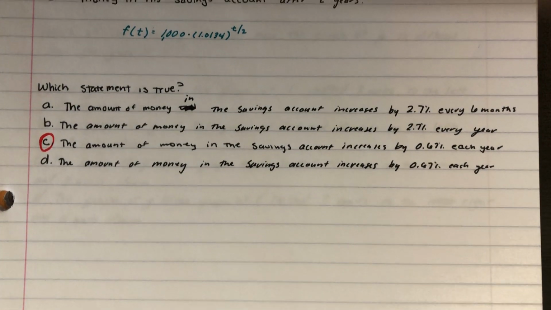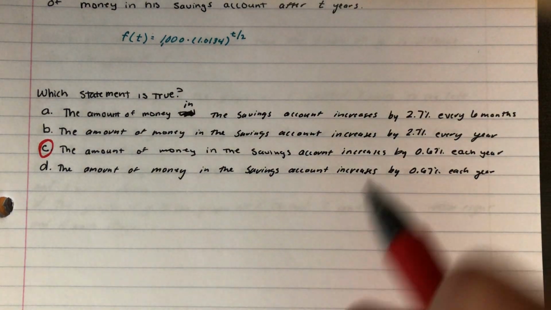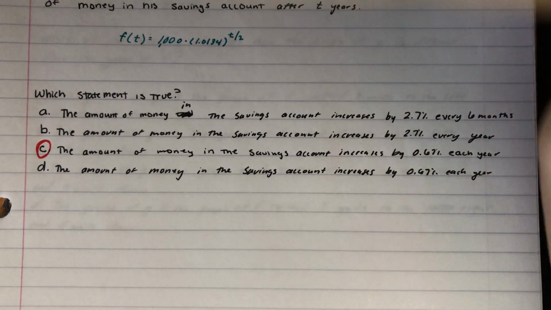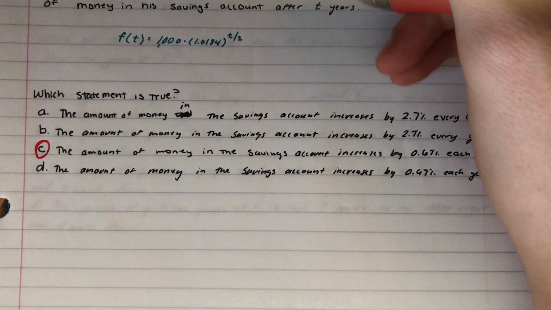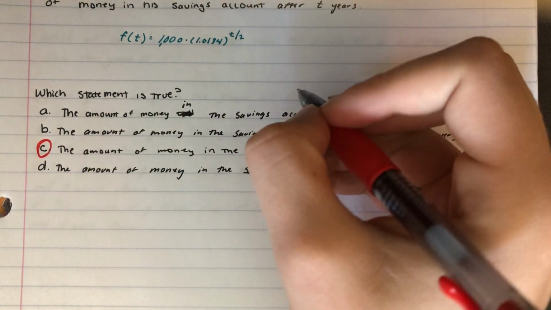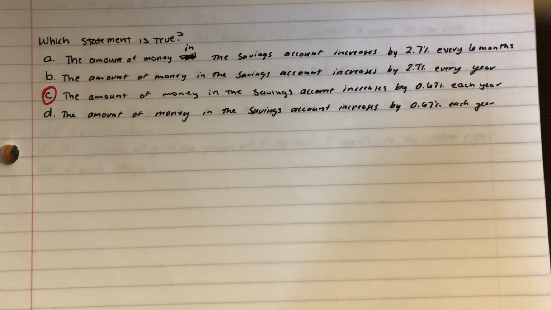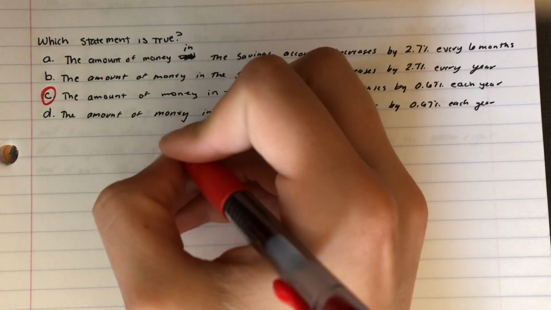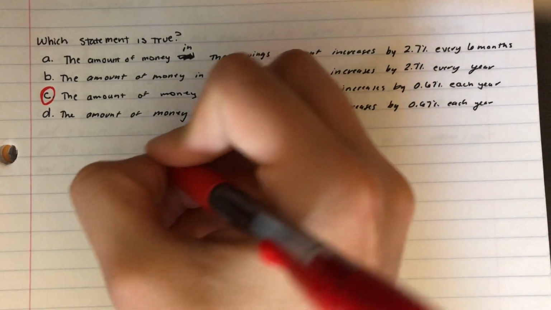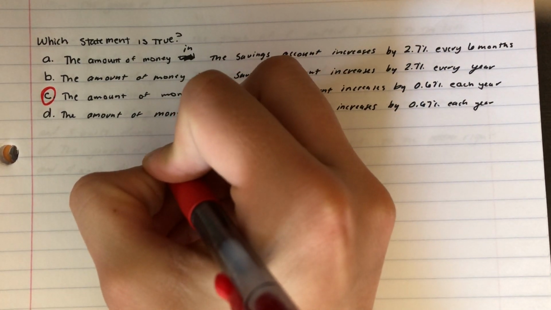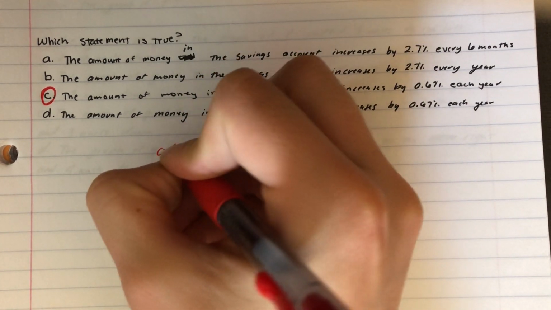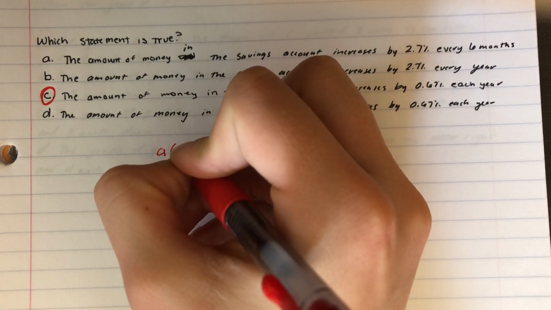So, we know at the beginning of the problem that we have 2 years, so this is for every 2 years. Now in the equation for solving compoundly, we want to know how it is for a singular year.